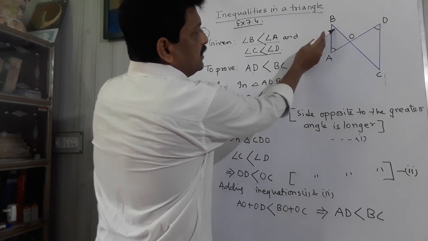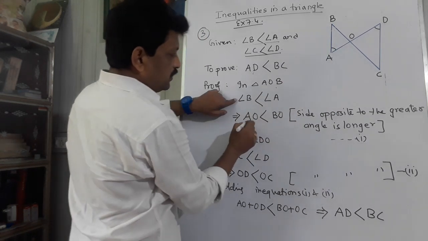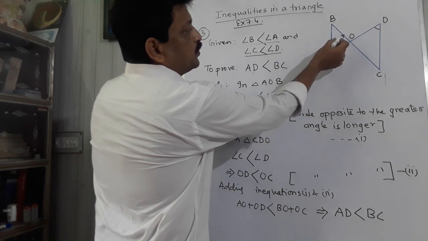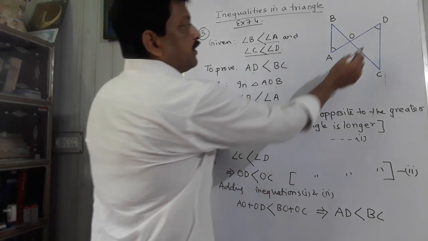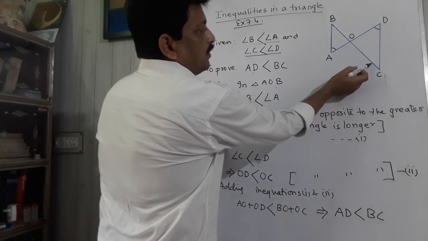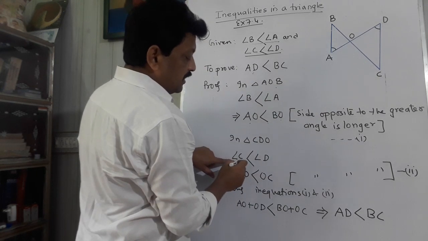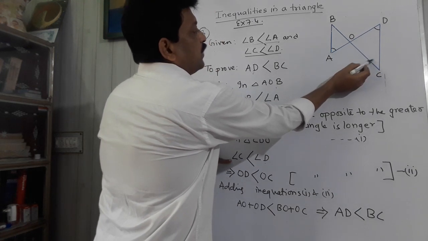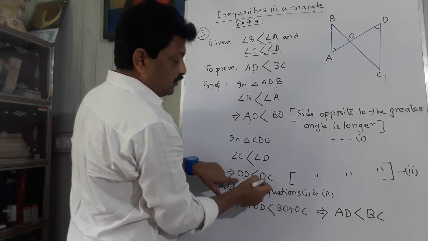If angle B is less, then the side opposite to angle B is AO, so AO is less. Angle A is greater, so the side opposite to angle A is BO, so BO is greater. Now in triangle CDO, angle C is less and angle D is greater than C. So the side opposite to angle C is OD, so OD is less than OC.